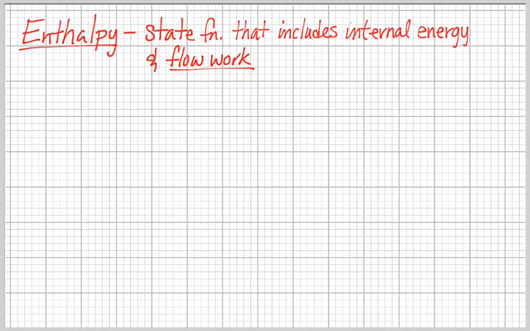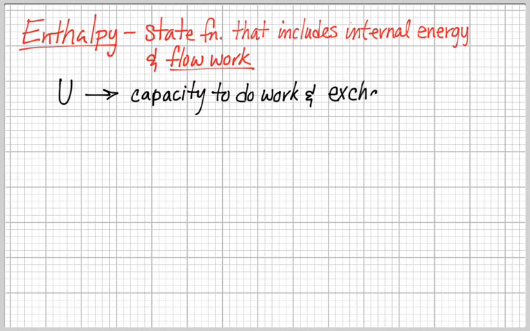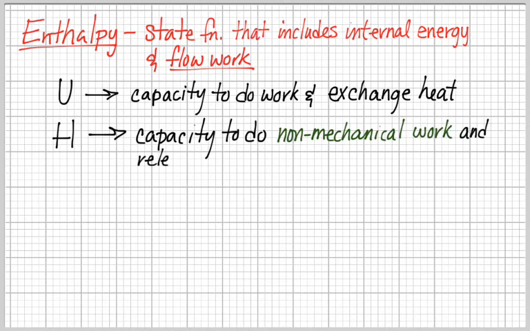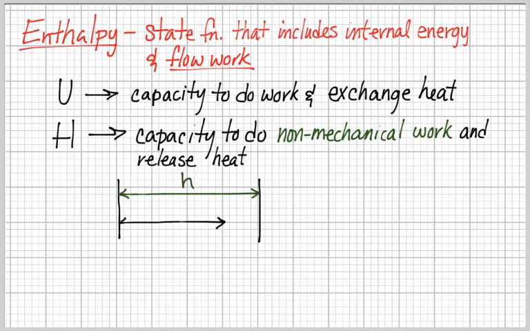Now that's pretty abstract, so I'd like to think in terms of how you would describe energy from internal energy and enthalpy. Well, internal energy is already the capacity to do work and exchange heat. Enthalpy is the capacity to do non-mechanical work and exchange heat. I mean release heat, but I mean exchange heat as well.